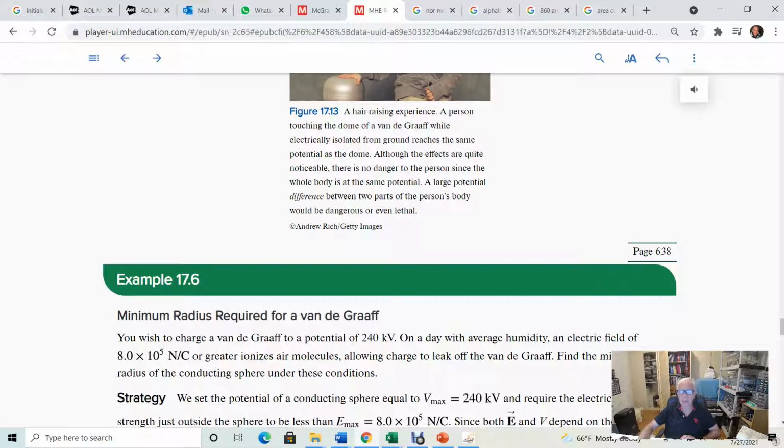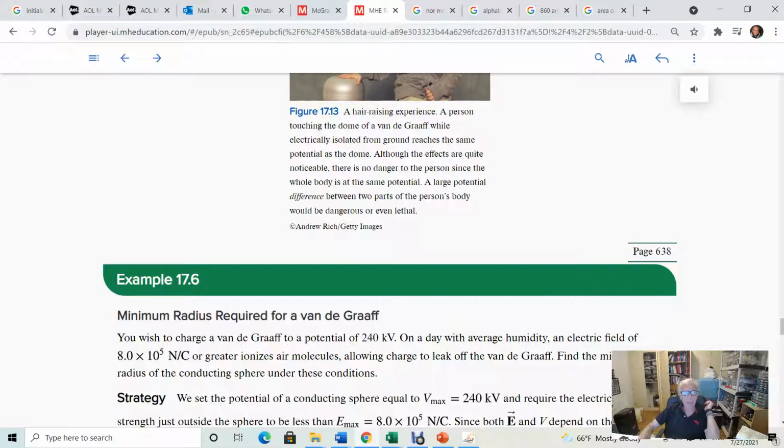On a day with average humidity, an electric field of this value or greater will ionize air molecules, allowing charges to leak off the Van de Graaff. Find the minimum radius of the conducting sphere under these conditions.